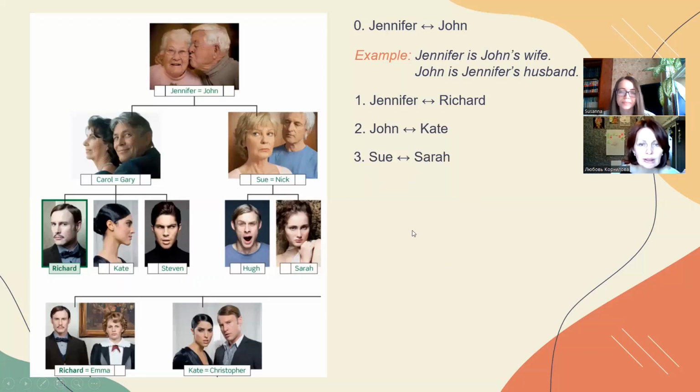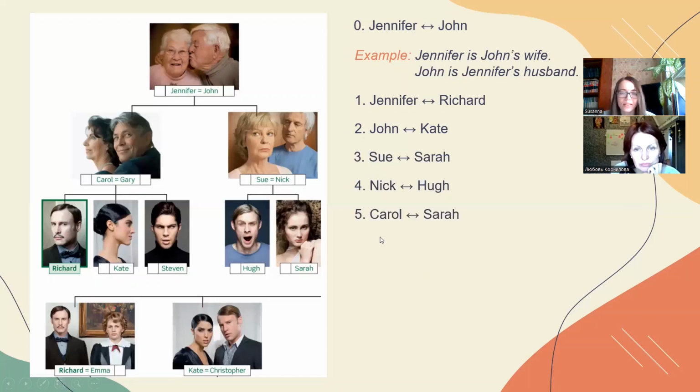Sue is Sarah's mother. Sarah is Sue's daughter. Correct. Nick and Hugh. Nick is Hugh's father. Hugh is Nick's son. Correct.